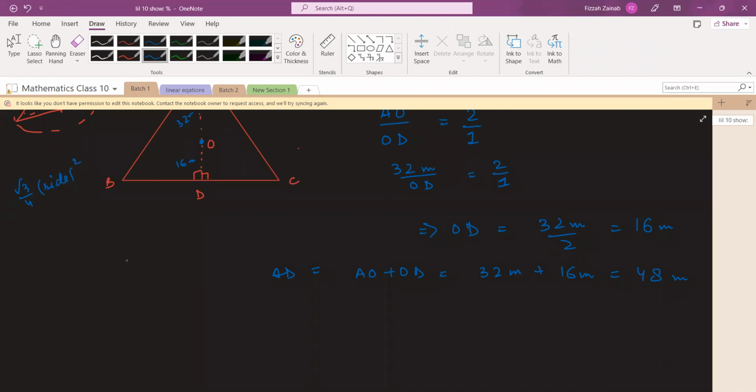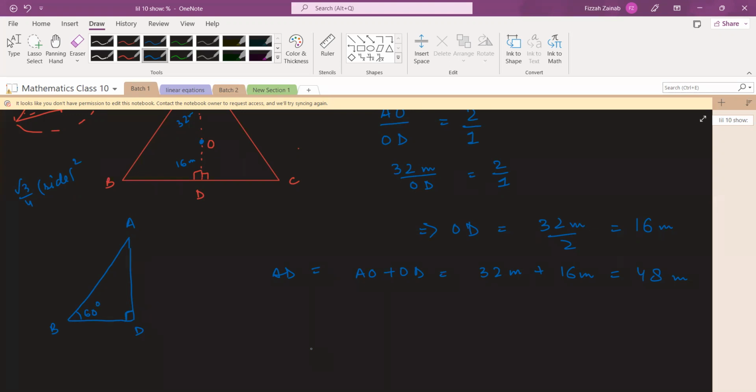Now if I consider this triangle only, A, D, and B, it's a right angle triangle. Also because the complete triangle is equilateral, I know that this angle is 60 degree, correct?